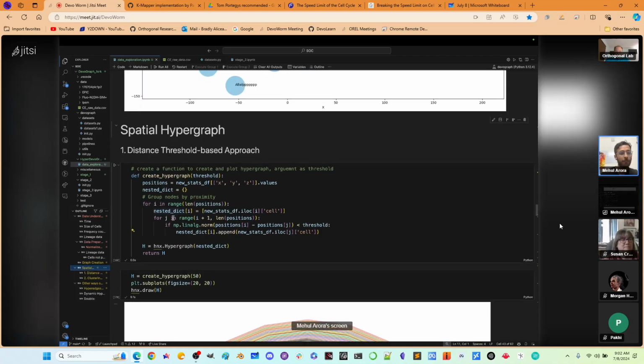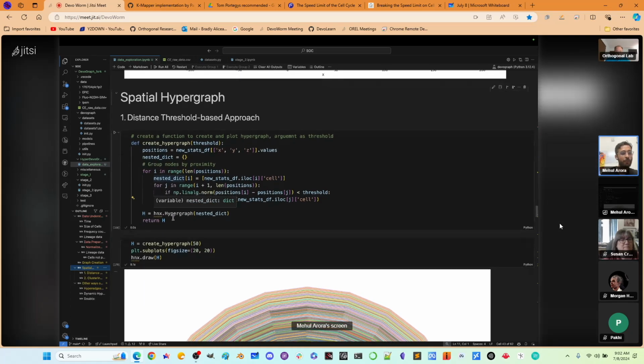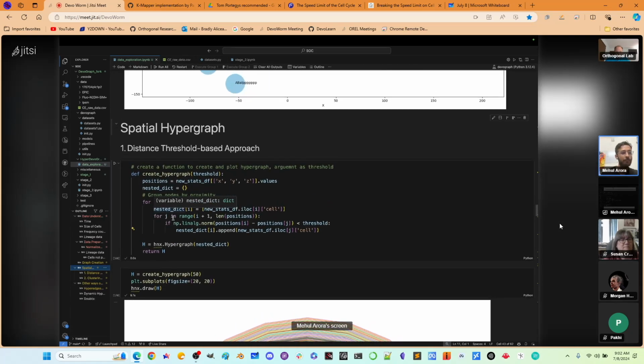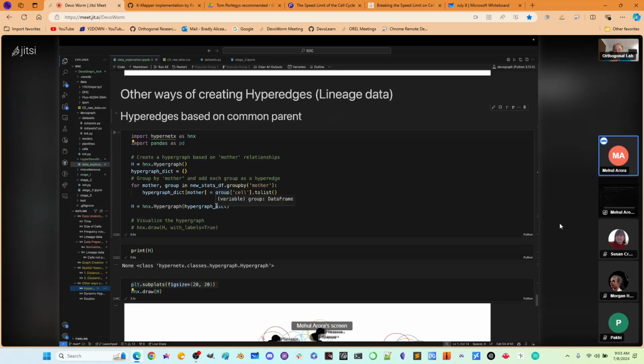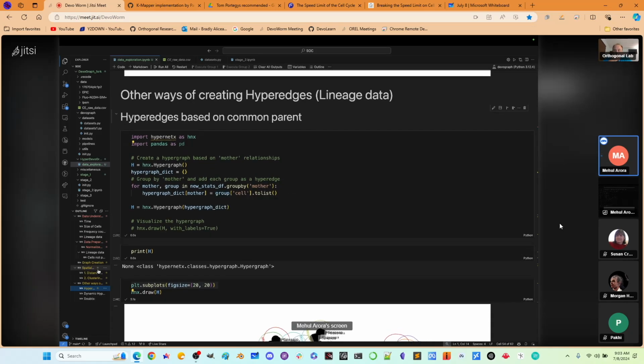I have a couple of ideas to create it, and I have shown both ways. If we finalize one, we can go with that one. So I'm proposing two ways. Then I have other ways of creating hyperedges based on the lineage data. In the end, introducing the dynamic graphs. That is the last part, but keeping those things in mind, we will design everything.